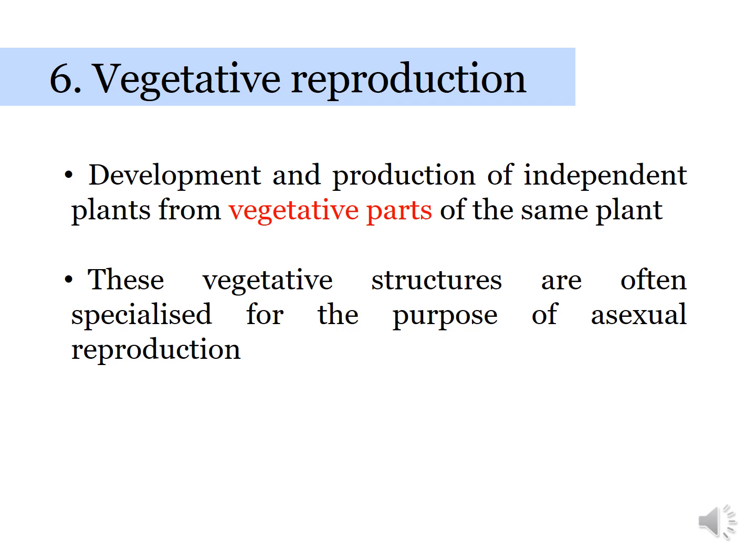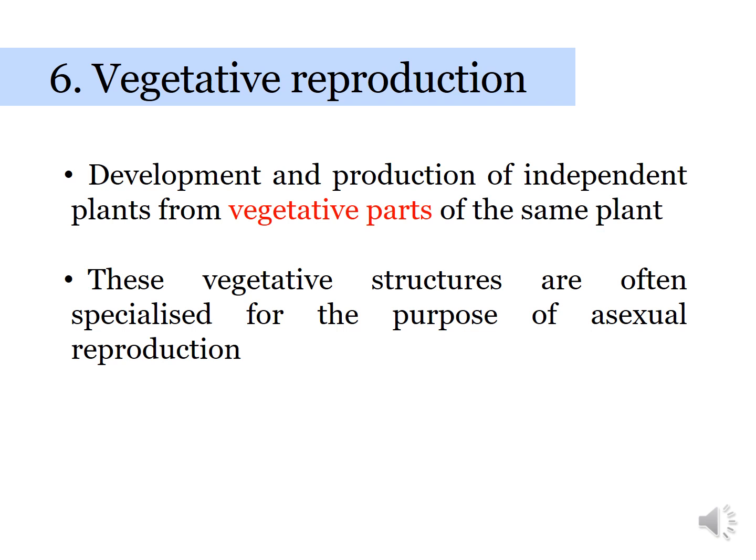Now let's go to the most common type of asexual reproduction, vegetative reproduction or propagation. This process is usually observed in plants. This is when a new independent plant is developed from vegetative parts of the same plant.